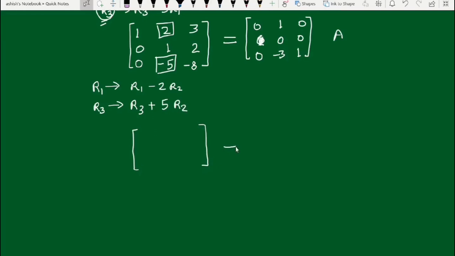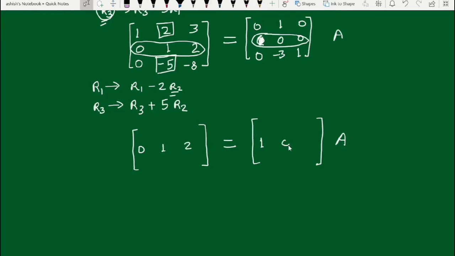Now copy R2 because it is the same. After transformation 0, 1, 2, 1, 0, 0.